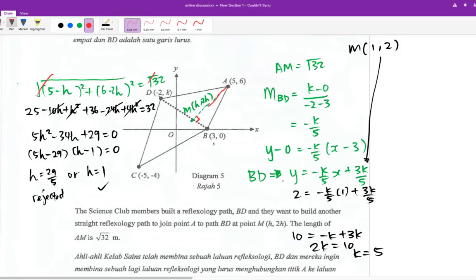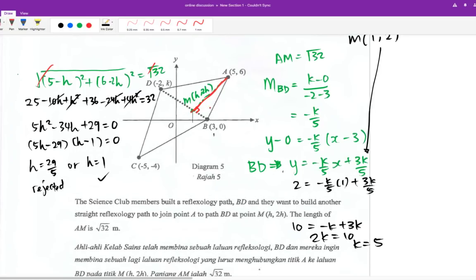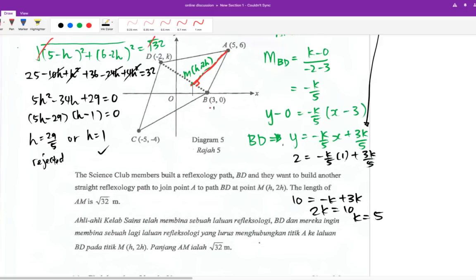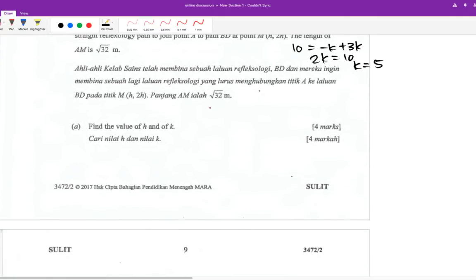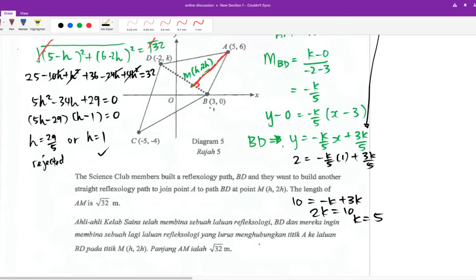So if you can prove that the gradient of AM times the gradient of BD equals -1, then we can prove that this is the shorter distance, because the shortest distance must always be 90 degrees over here. Since we have the k already, we can find both gradients.